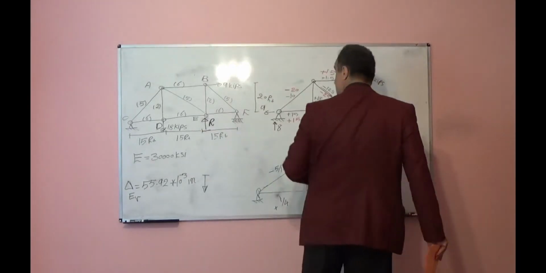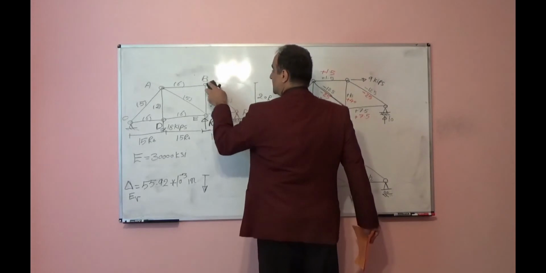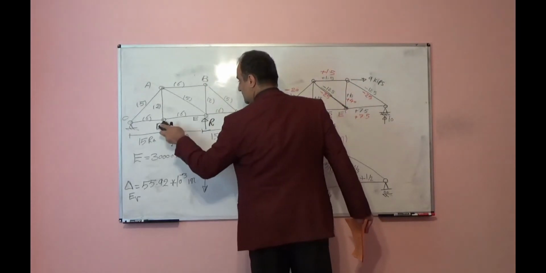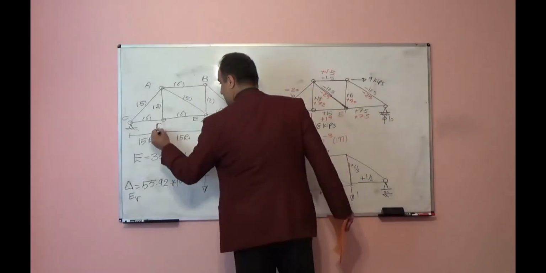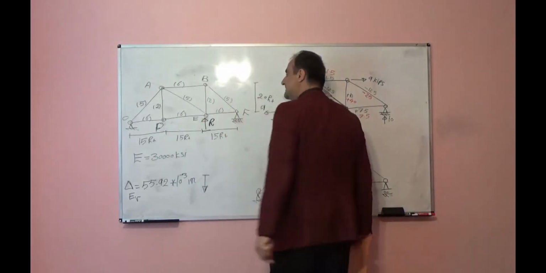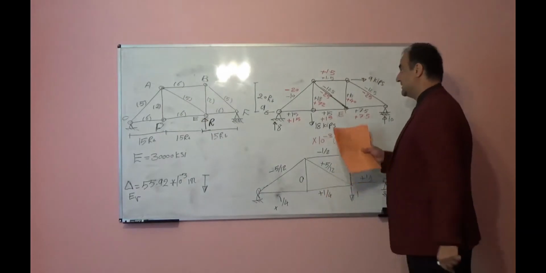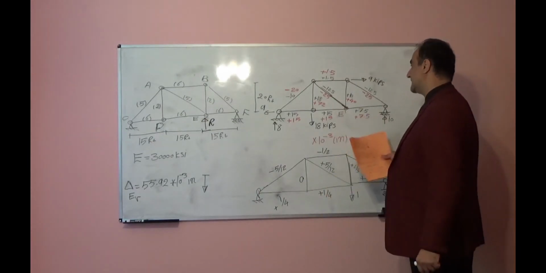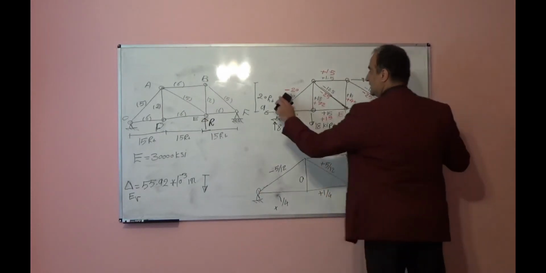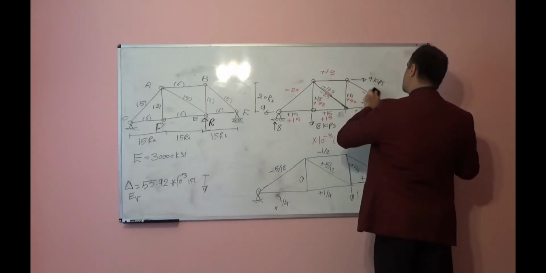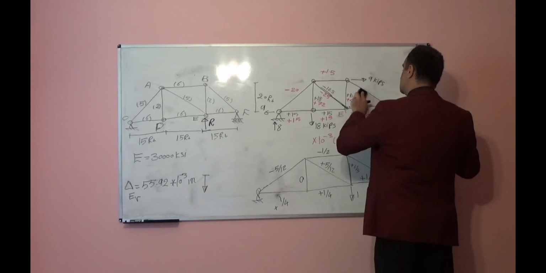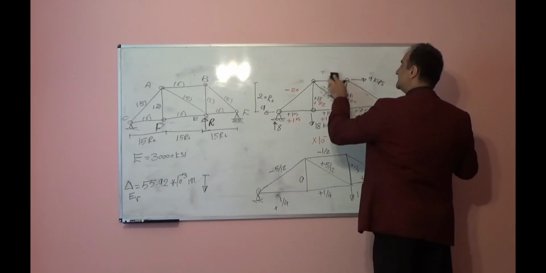Instead of that support, you will apply the support reaction R upward, and you will find internal forces in each member under that R. If you do that, you can find internal forces for each member.